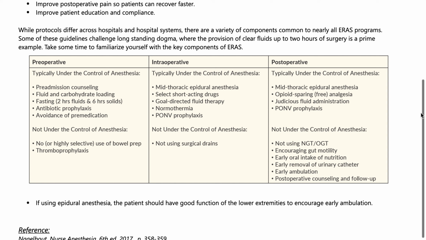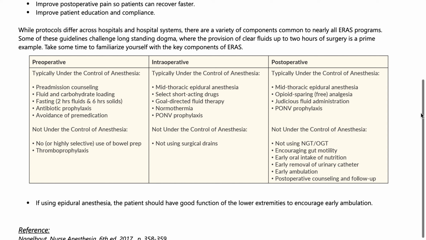Typically, intraoperative factors that are under control of anesthesia include mid-thoracic epidural anesthesia, selecting short-acting drugs, goal-directed fluid therapy, normothermia, and PONV prophylaxis.